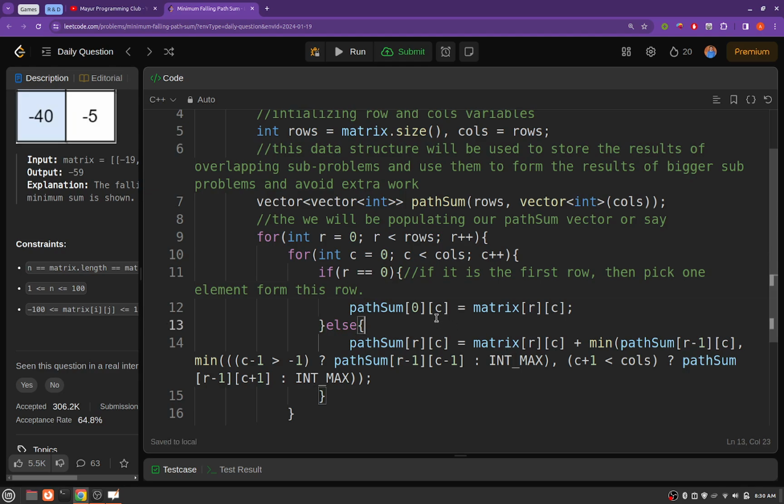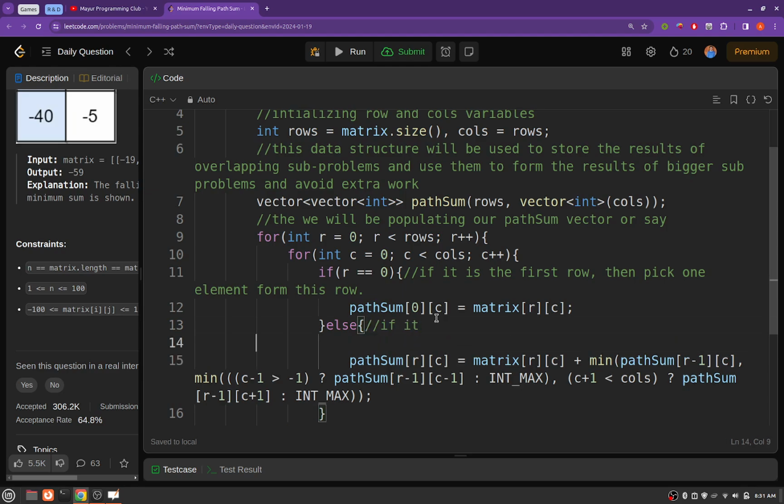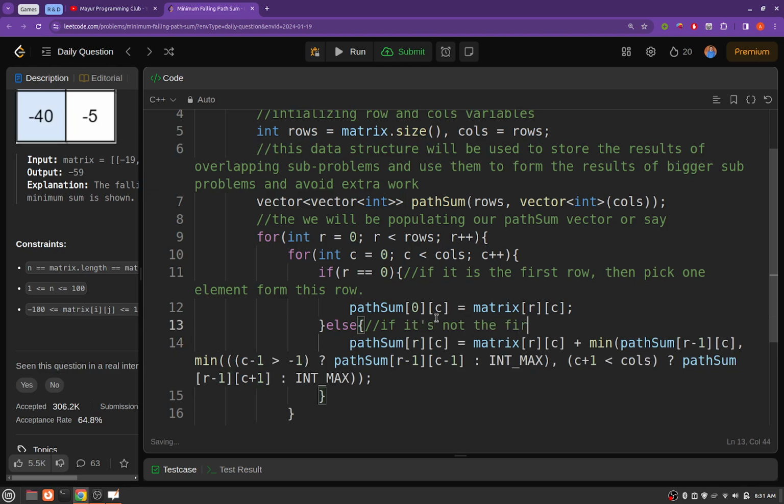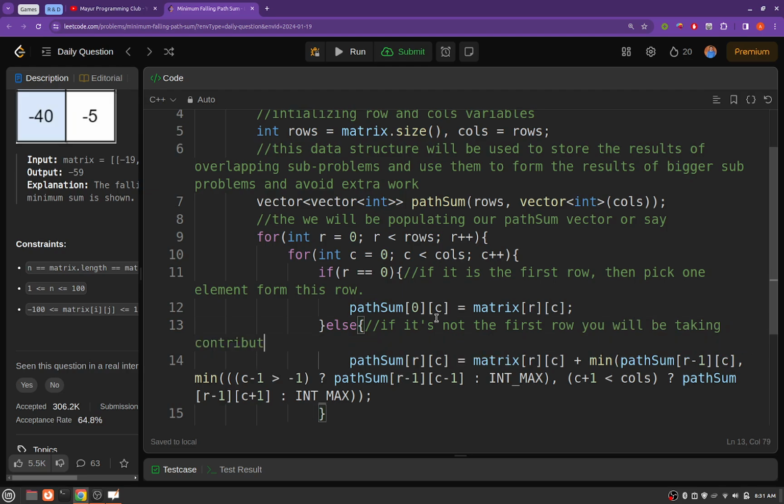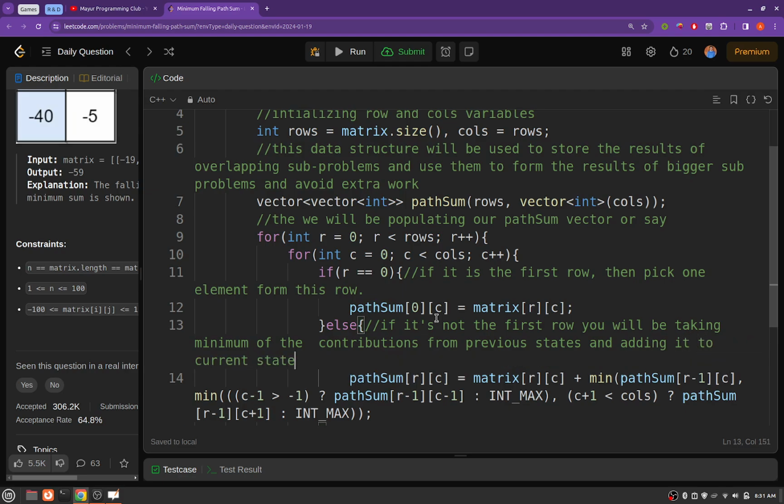And if it's not the first row, you will be taking contributions, taking the minimum of the contributions from previous states and adding it to the value of the cell at the current state.